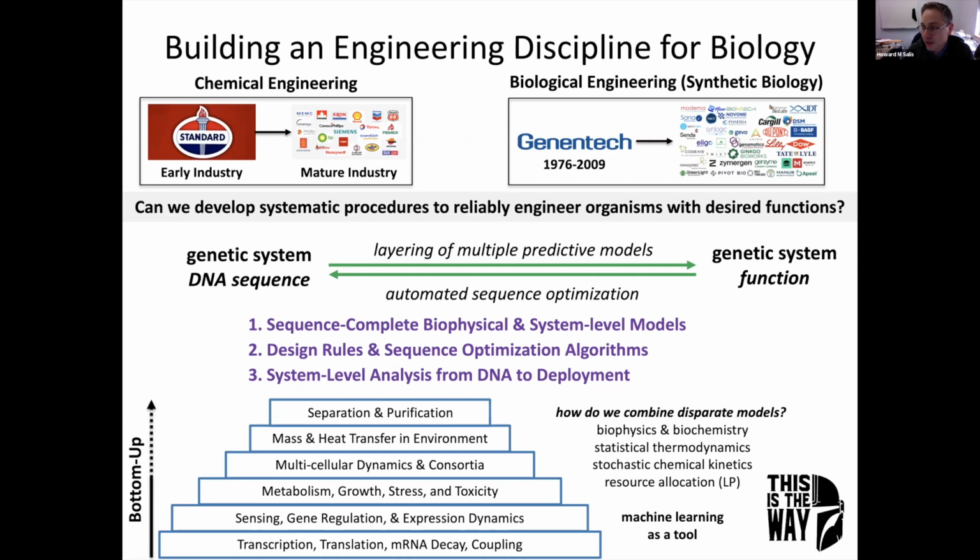And now I'm of the opinion that that common language has to be based in physics and chemistry, that we really need to be discussing the biophysical interactions, the biochemical interactions. We should be well versed in thermodynamics and statistical thermodynamics and kinetics, and we should be thinking about resource allocation, which is a class of math problems.